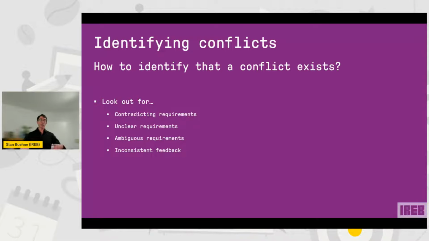Inconsistent feedback. If the feedback you're gathering for your requirements is inconsistent, this is also a potential for conflicts. Then there are any open ends you probably have in your requirements.